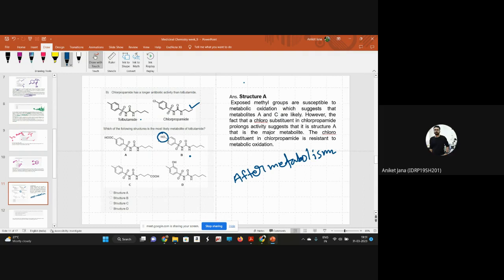No, because here an OH group is introduced, right? And if we consider option D, can it take place here in the ortho position, where some OH group is there? No, it is also not possible. So these two are not possible.